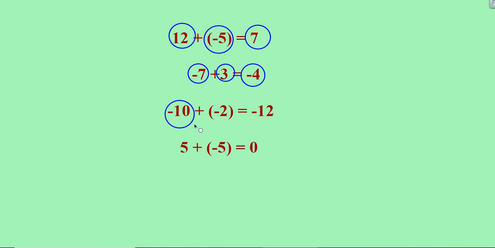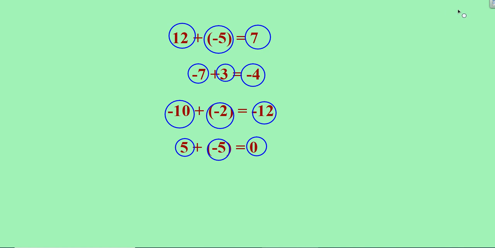Here negative 10 is an integer, negative 2 is an integer, answer negative 12 is also an integer. 5 is an integer, negative 5 is an integer, and 0 is also an integer. That means if you add any two integers, you are getting the answer, or sum, also an integer.